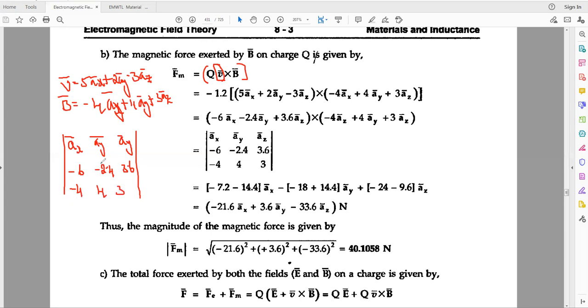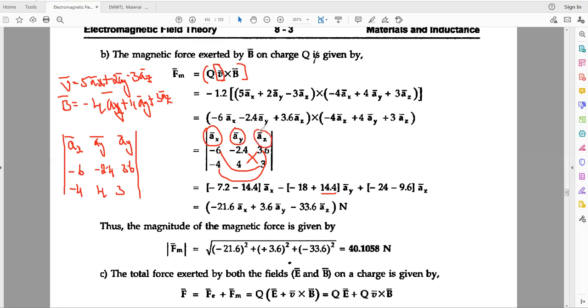For ax, minus 2.4 into 3 minus 3.6 into 4. Cross multiply these two to get the ax. To get the ay, the cross product is 6 into 3 minus 6 into 3 is 18, and minus into minus is a plus, 4 into 3.6 that is 14.4.